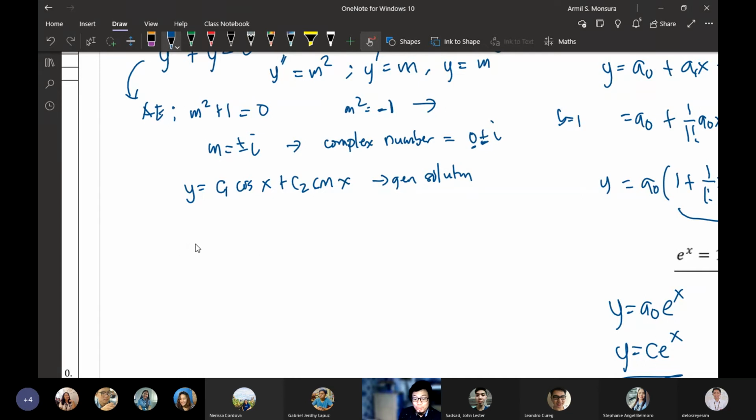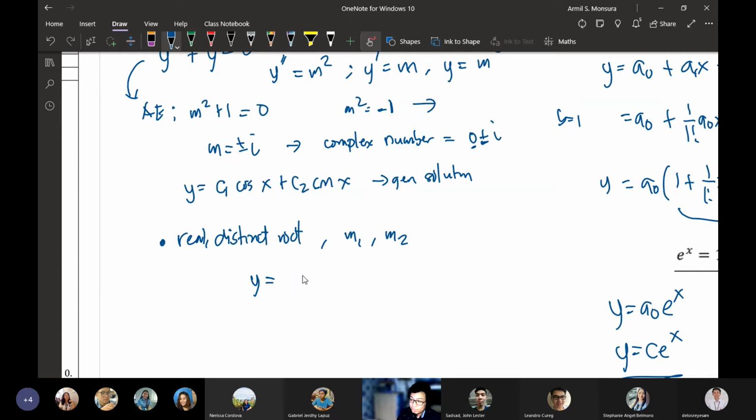So, review your rules for the homogeneous solution of the method of undetermined coefficients. If you recall those rules, for real distinct roots, say M1 and M2, it would lead to an exponential solution.